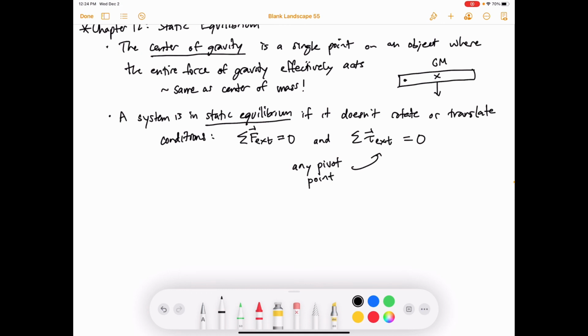Because if your system is really in static equilibrium, then if you calculate the torque about any pivot point, it's going to have to add to zero when you consider all the external torques acting on the system. Okay. The next chapter we covered is chapter 11, angular momentum.